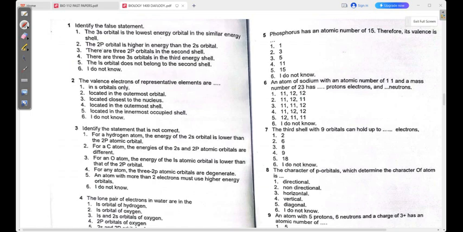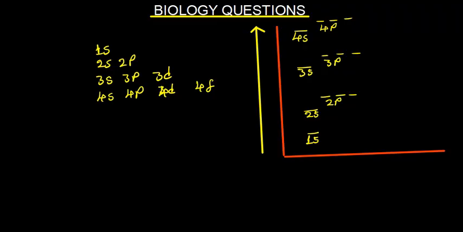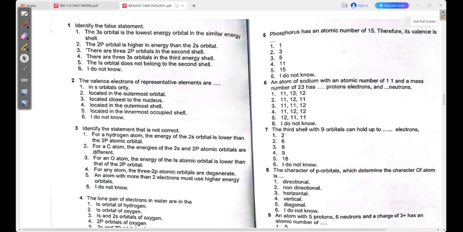Statement 2 is saying the 2p orbital is higher in energy than the 2s orbital. This is true, concurring with the first statement. The 2p is higher in energy levels compared to the 2s. Then 3 is saying there are 3 2p orbitals in the second shell.